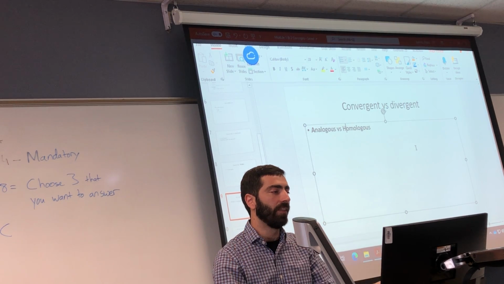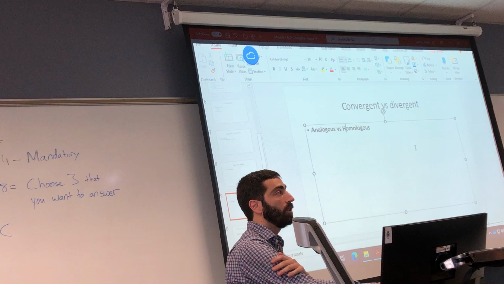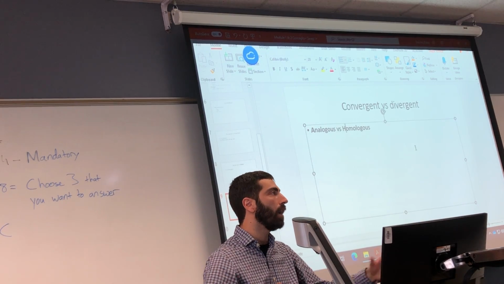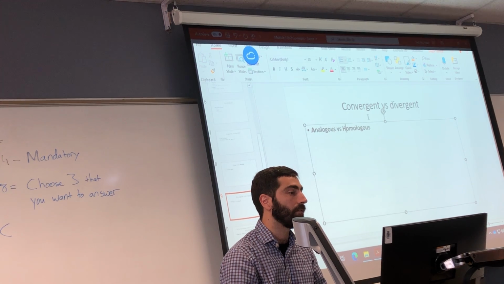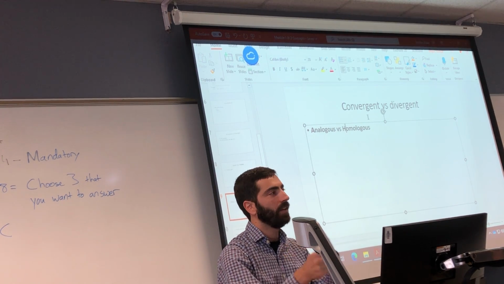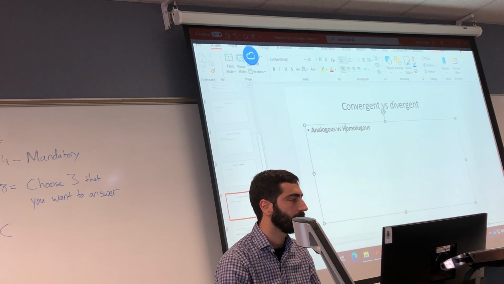Like the dolphin flipper, human arm, and cat forelimb all evolved from the same set of bones, but due to divergent evolution, evolved completely different functions for those traits.